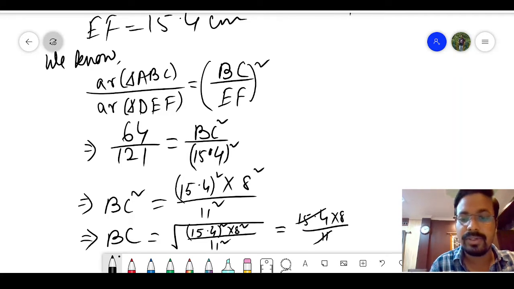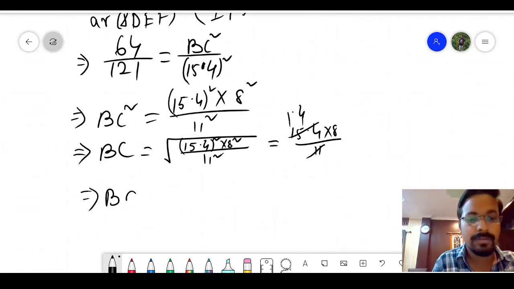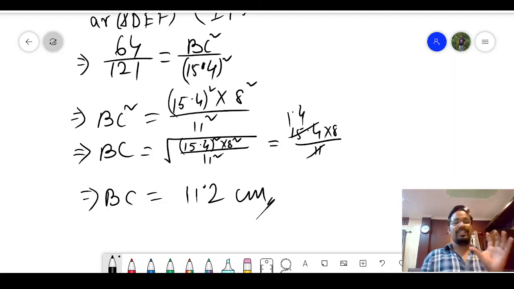If we cancel, we will get 1.4 into 8, which will give us BC is equal to 11.2 centimeters. So this is the value of BC.